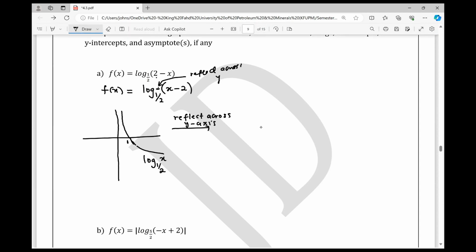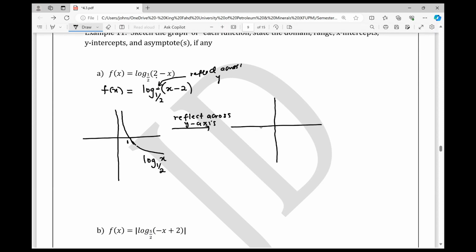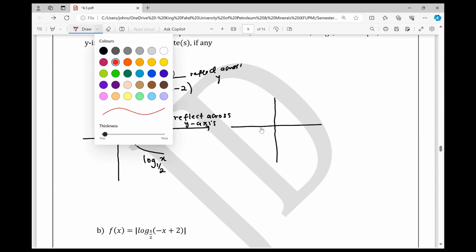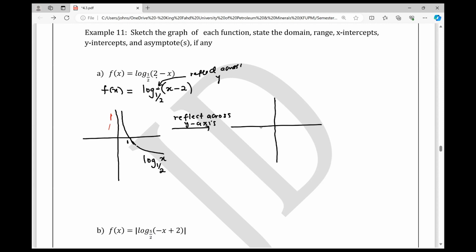If you reflect this across y, it will be somewhere here, the red one. It will just come like this. But now it will be cut at minus 1. So let's remove this from here.